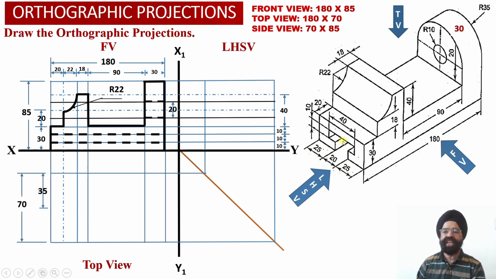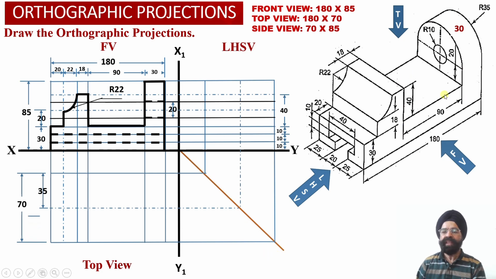Since this T slot is located centrally with respect to the depth of the solid, we are going to measure a distance of 35 millimeter from the rear face of the solid, and we have obtained a horizontal center line projection in the top view projections. This projection line has been transferred appropriately into the left hand side view projections using this transfer line.